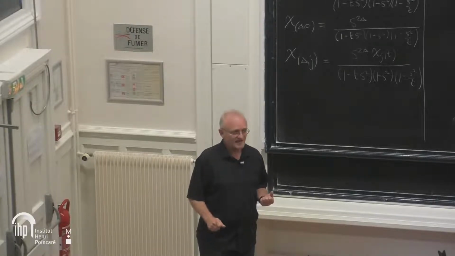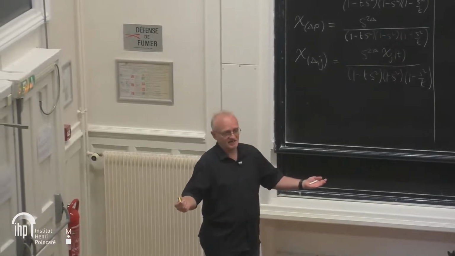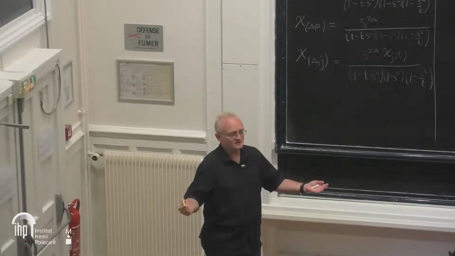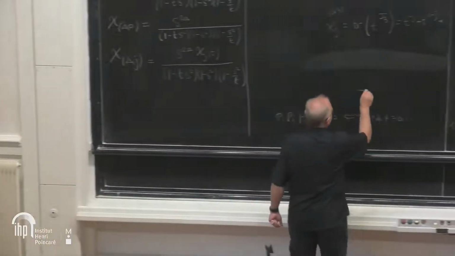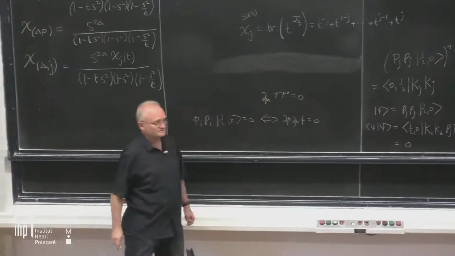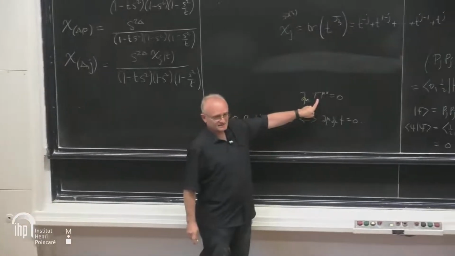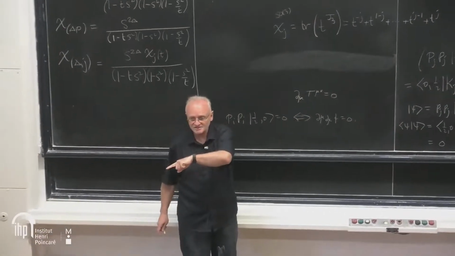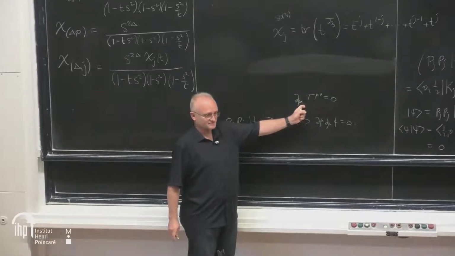Okay? And by the way, let's think about another primary operator that we know. That's T_mu nu, the stress energy tensor. You know that the stress energy tensor is conserved. Well, T_mu nu is going to translate into a primary operator, and that primary operator will also have a null state.